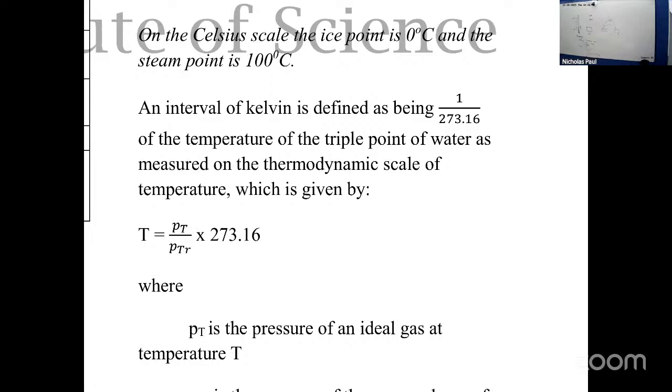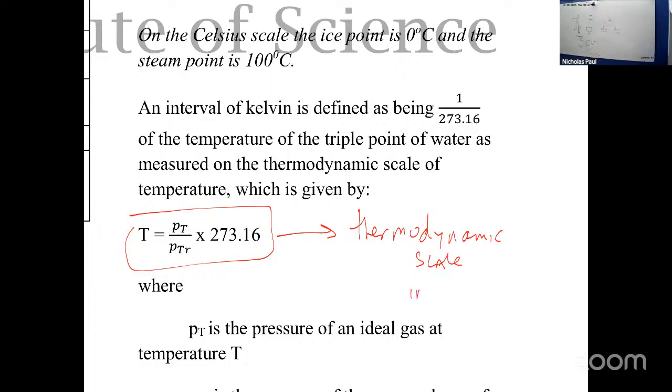What you're seeing here, we call the thermodynamic scale. This is the scale that will give you temperature in Kelvin. So if they ask you to use the thermodynamic scale, that's what you're using.